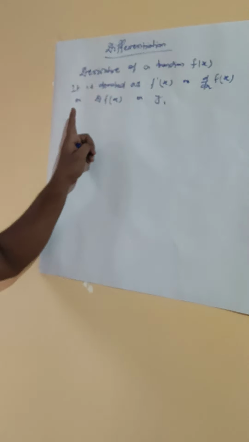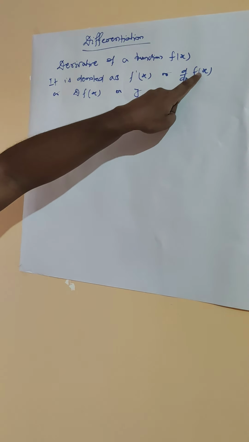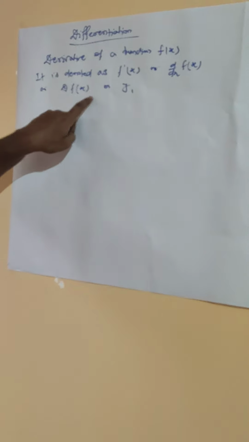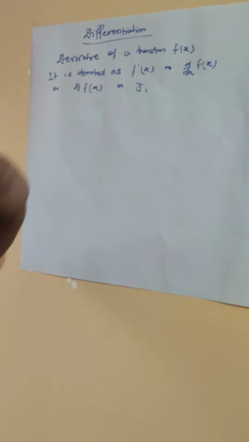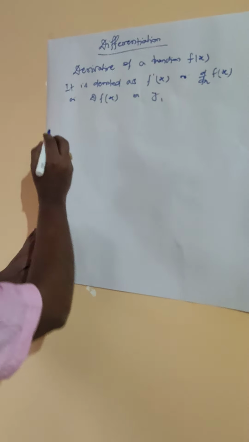This is nothing but the first derivative: f dash x, or d by dx of f of x, or D f x, or y1. These all are the first derivative of a function f x.